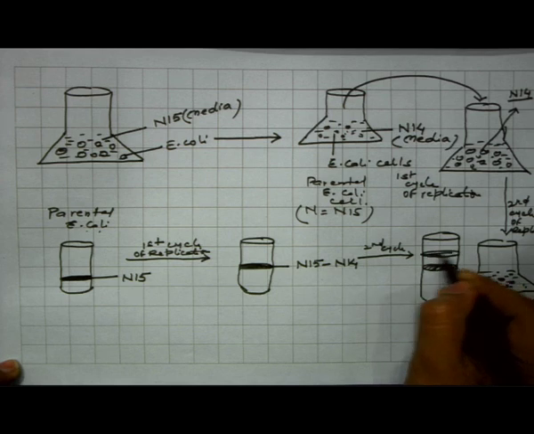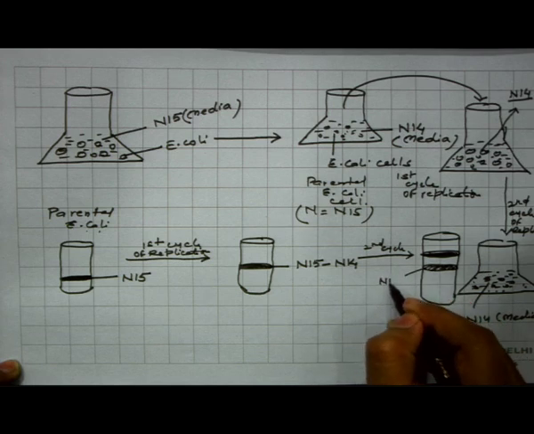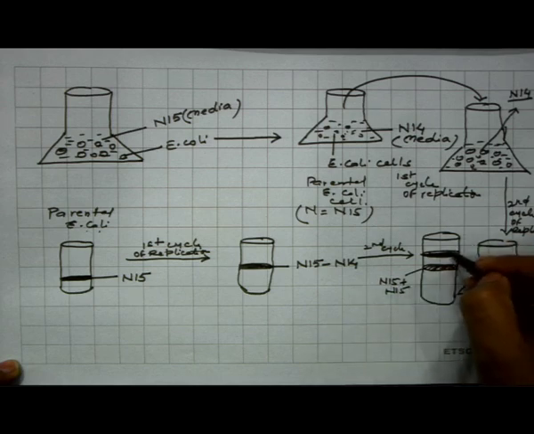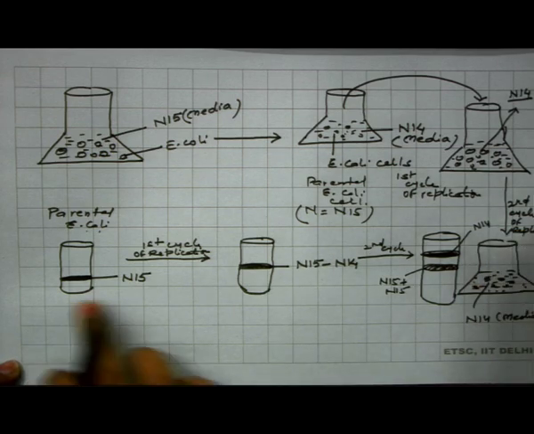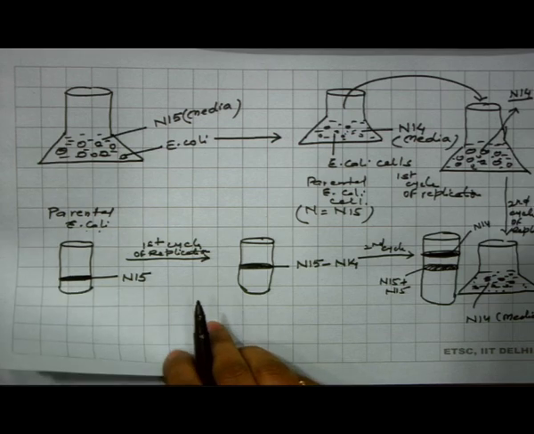The lower one corresponds to intermediate of N14 and N15 and the upper one to N14. Now, this result was according to the semi-conservative model. Let us see how it can be.